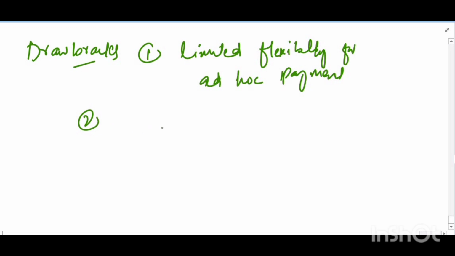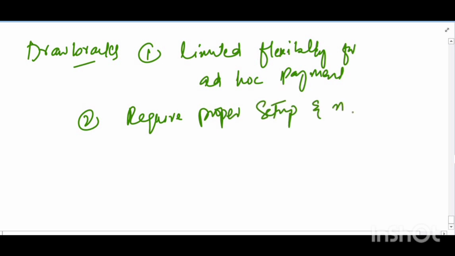The second drawback is that it requires proper setup and monitoring. Clear?